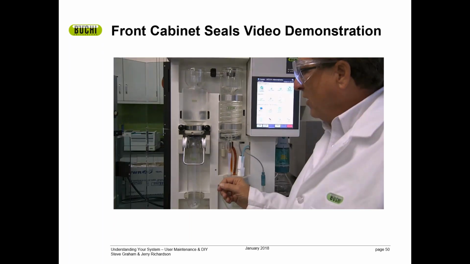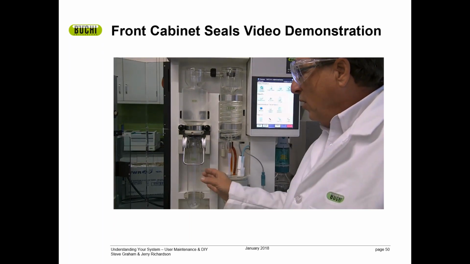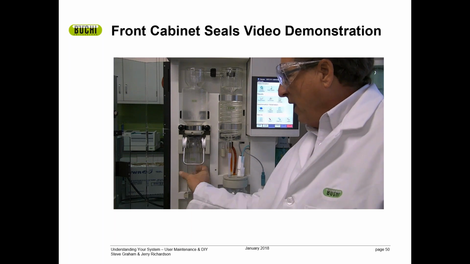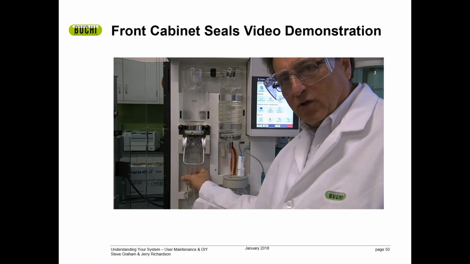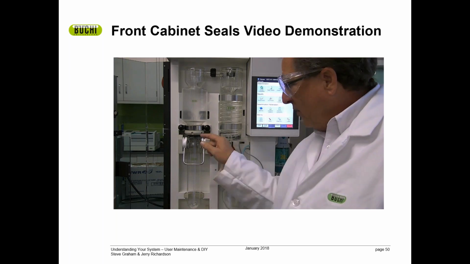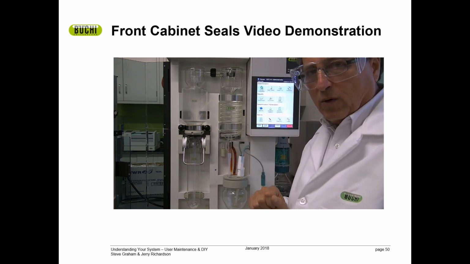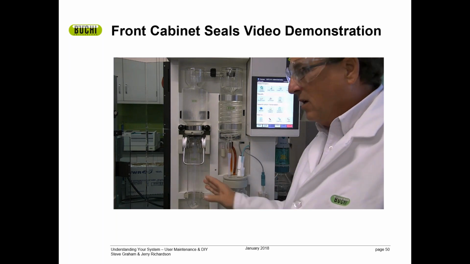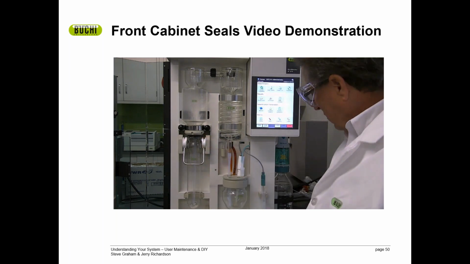Do yourself a favor. Every once in a while, with a cold tube, just put the tube on and grab it and try to twist it. If it twists easily, that sample bung needs to be replaced. If it's nice and tight, you have a good seal.